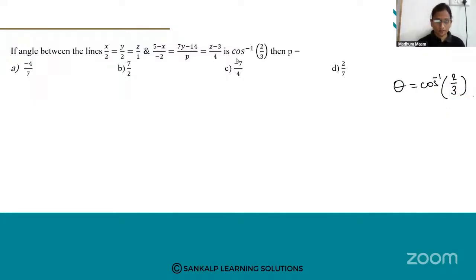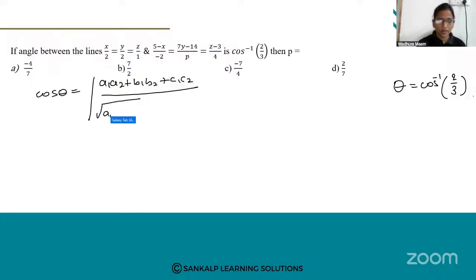Which result do we use? Cos theta equals A1 A2 plus B1 B2 plus C1 C2 divided by the square root of A1 square plus B1 square plus C1 square, times the square root of A2 square plus B2 square plus C2 square. Okay, fine, so we have to solve one by one.